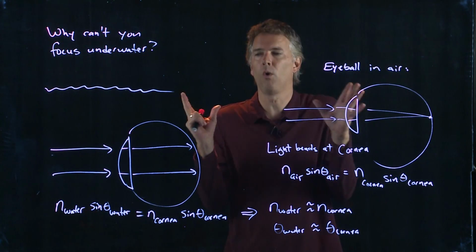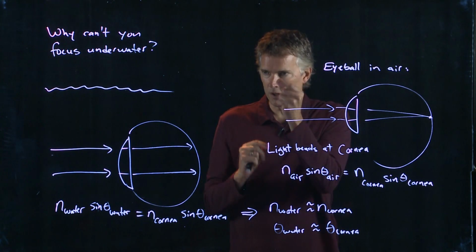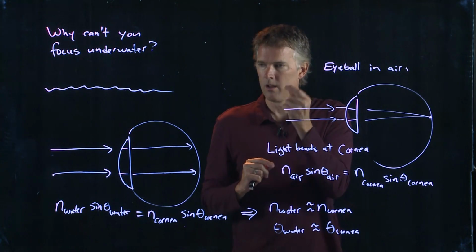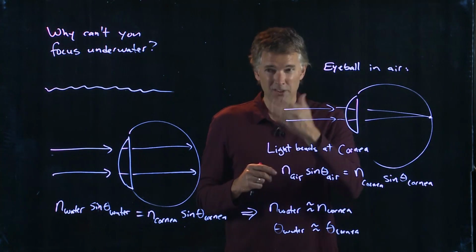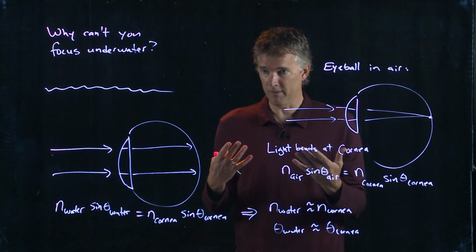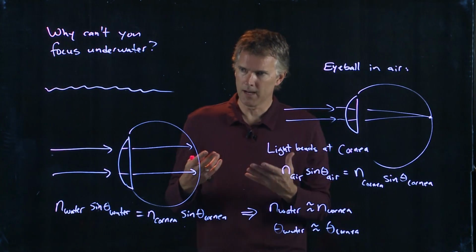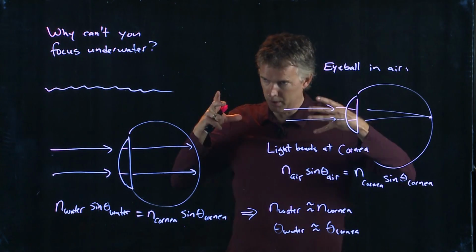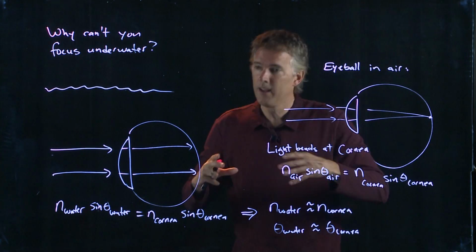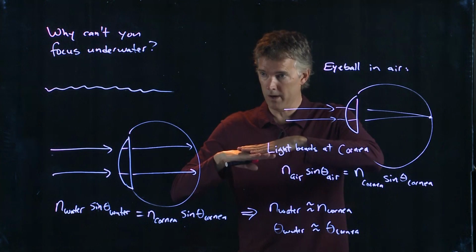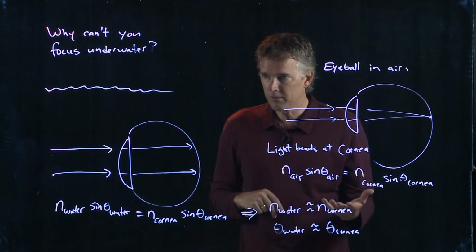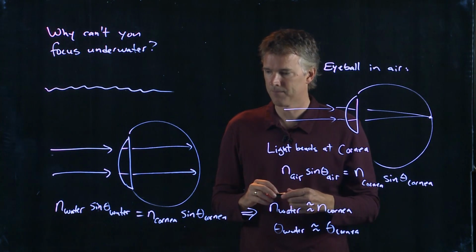All right? This is the whole reason for the mask, is just to provide a little air next to your eyeballs. In fact, you don't need a mask. If there was another way to provide air right there, you can do it. And you've seen this before, right? If you take a big bucket and put it over your head and you go underwater, and now there's an air gap between the water level and your eyeballs, then you can see just fine again. All right?